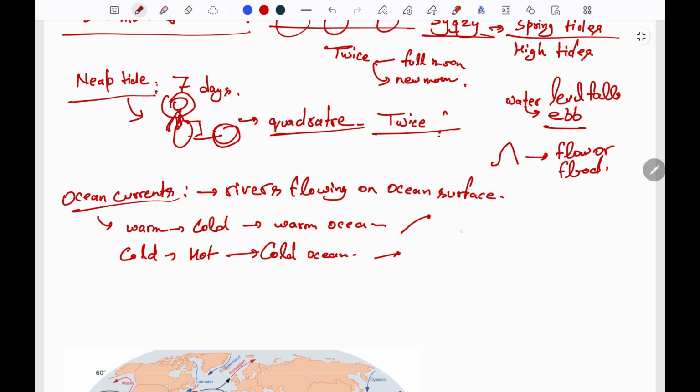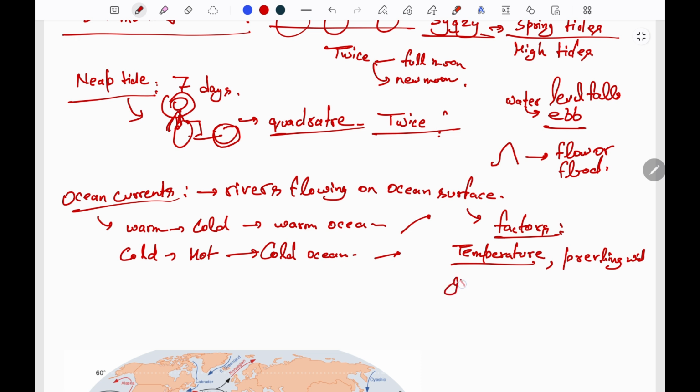And what are the factors that are responsible for generation of these ocean currents? The most prominent one being the temperature. Second one is prevailing winds, that ocean currents move in the direction of the prevailing winds.